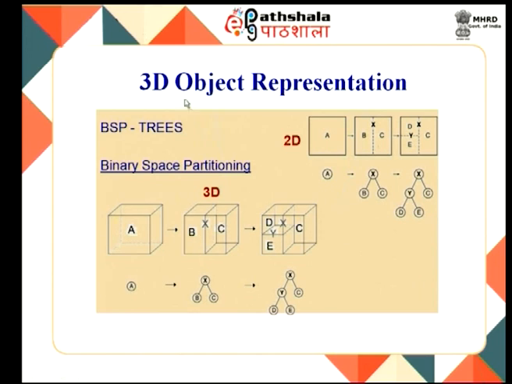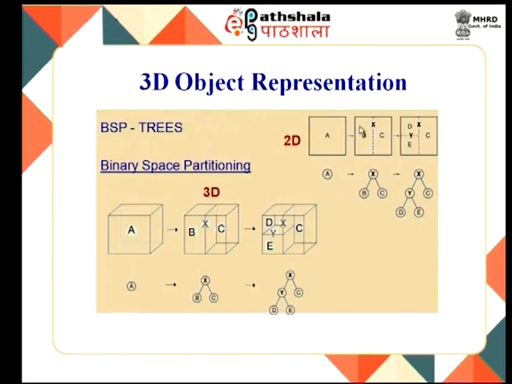For example, see this 2D division: take a region of space and divide it using a boundary line, in 3D it will be a plane. It divides the space A into B and C, and B is divided further into D and E, and that is how you form a binary tree here.